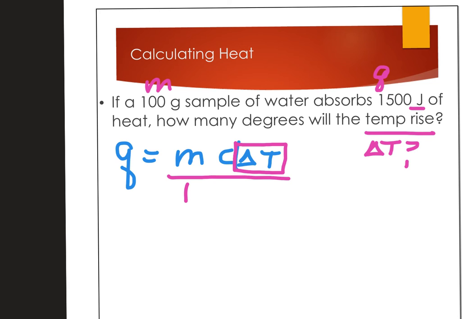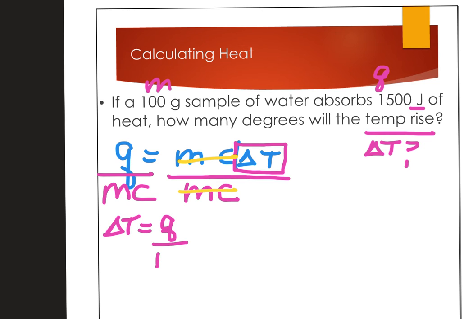So we're going to divide both sides by MC. Now my MC cancels, and I'm left with delta T equals Q divided by MC. So now we can solve.